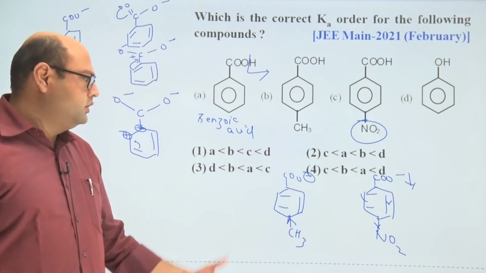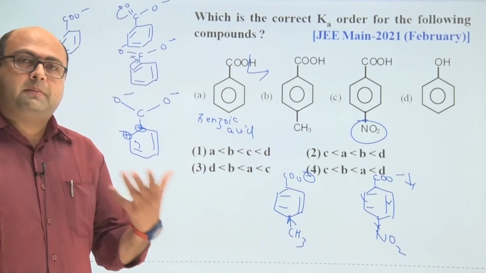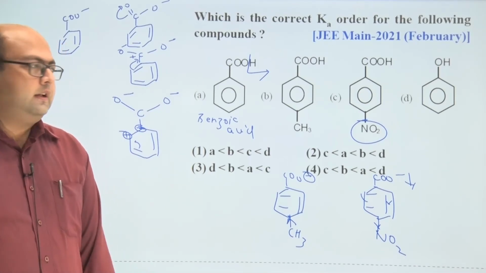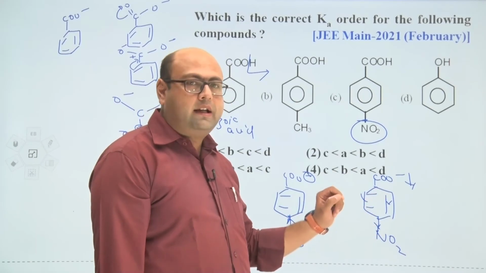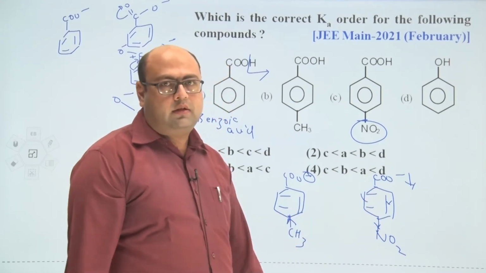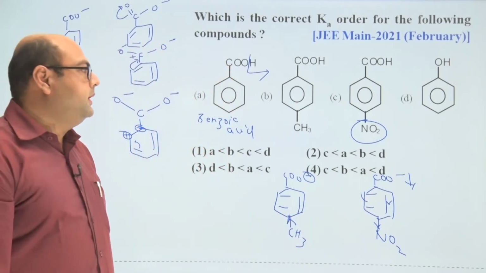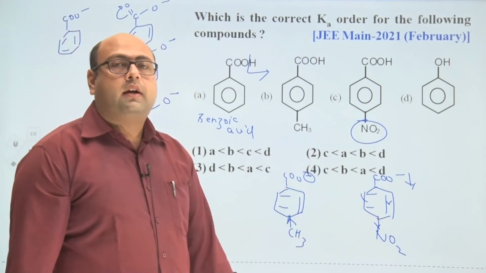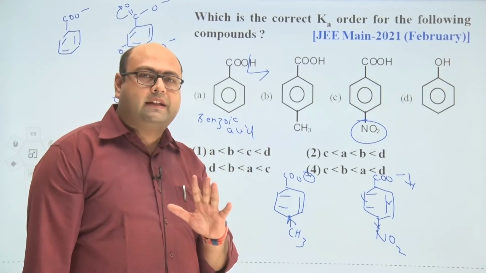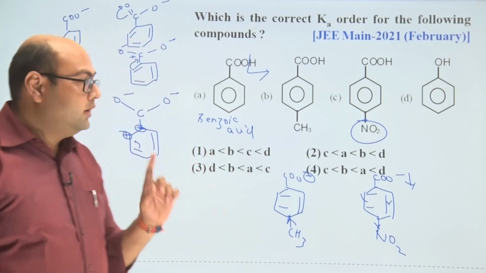NO2 also exhibits minus M and minus I effects both. This electron withdrawing tendency leads to a decrease in charge, and due to this, this ion will be maximally stable, and this compound will have the highest Ka value, or it will be the most acidic up till now.